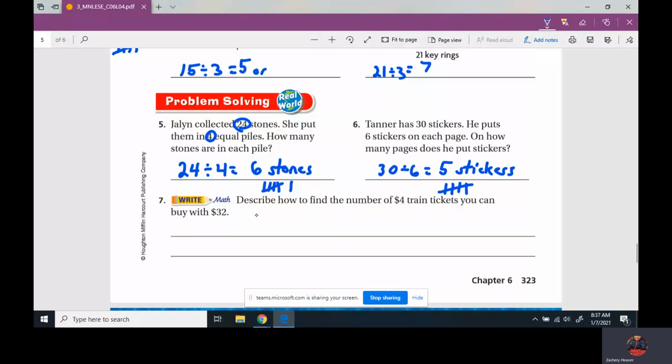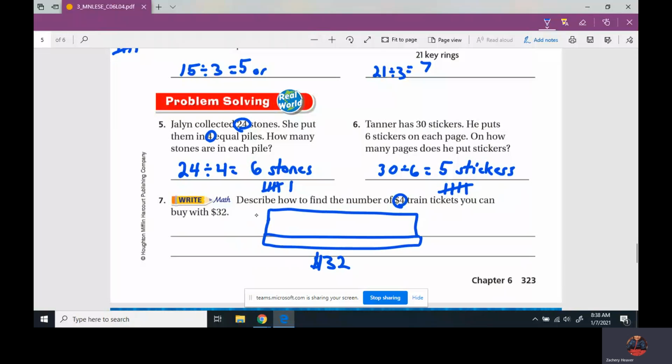Describe how to find the number of $4 train tickets you can buy with $32. We take 32. We can divide it by 4. Okay. Or let's do a bar model here. I'm going to draw one big bar. Okay. And I know this one big bar stands for $32.